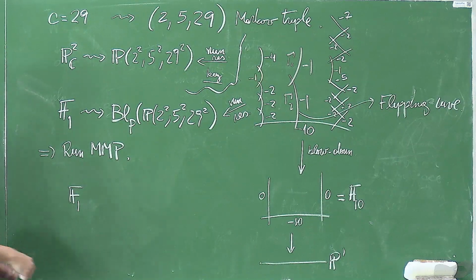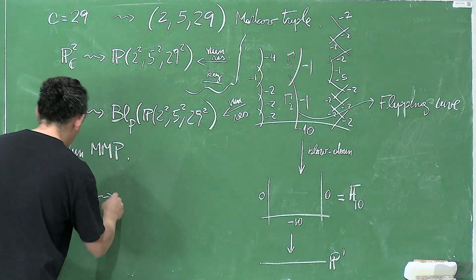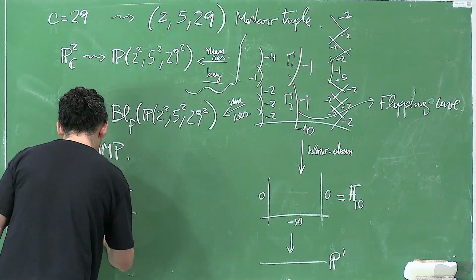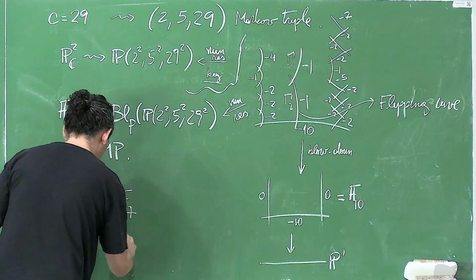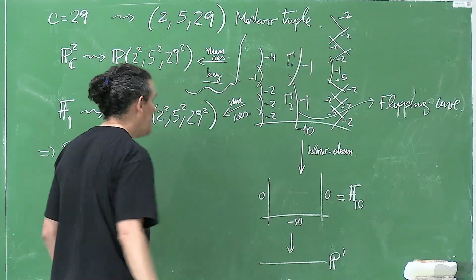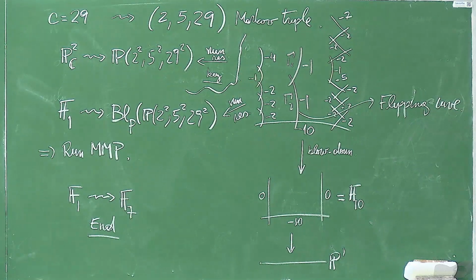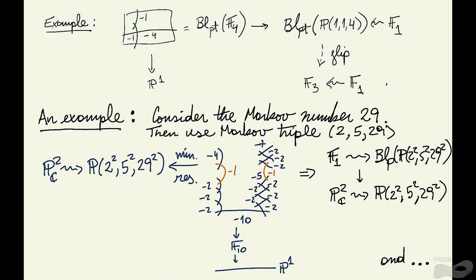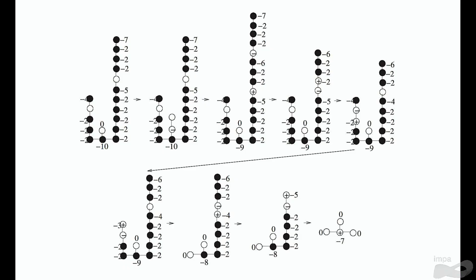This is unique. And this will go to F7. This is the end. But I didn't show you what happens in between, because I have a picture for that. It is too complicated to do here on the blackboard. So I was explaining this, and now you should have the picture.